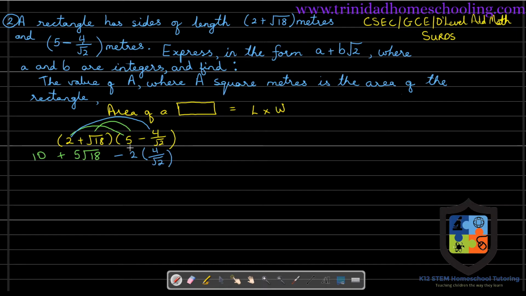And then the root of 18 multiplied by negative 4 divided by the root of 2 will give me negative the root of 18 multiplied by 4 divided by the root of 2.